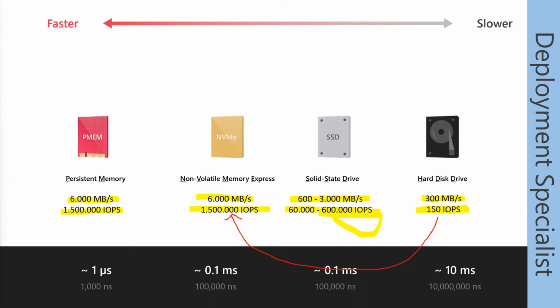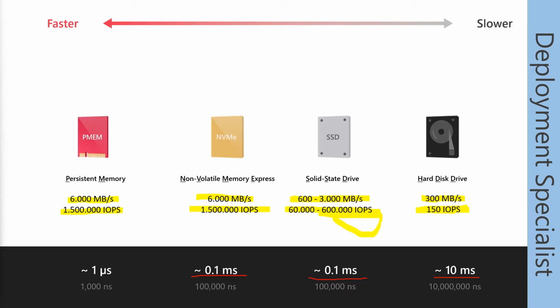For sure, the latency is the highest with the hard disk drives. So it takes time till the hard disk drive spins up before the read-write heads find the position. So we have something like about 10 milliseconds latency. For a solid state drive and for an NVMe, we have 0.1 milliseconds. It's already ultra fast.